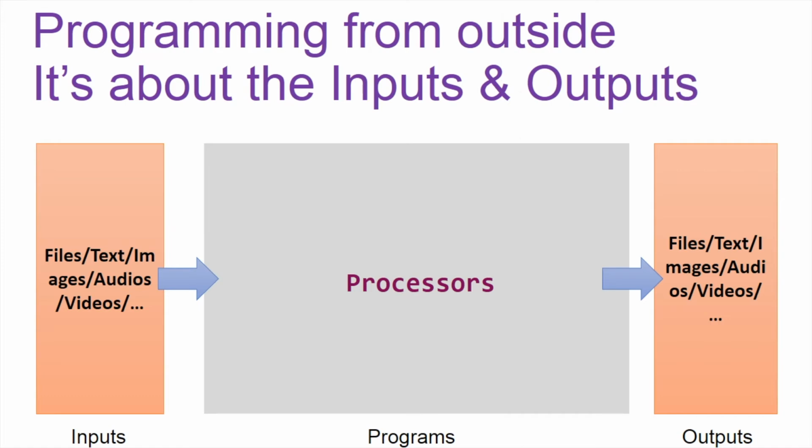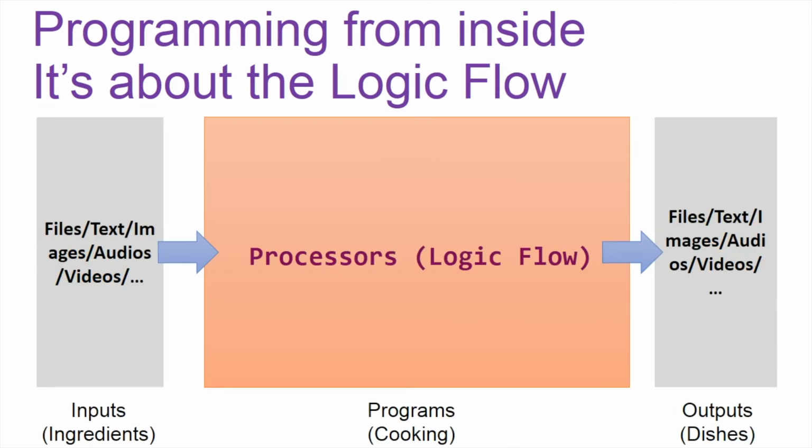Anyway, this is like cooking. You give some inputs, the ingredients, and the program will help you do the cooking, and then you have the outputs, the dishes. Those inputs can be in any form, like files, text, images, audios, videos, and outputs can also be different types of media. So that's the outside point of view.